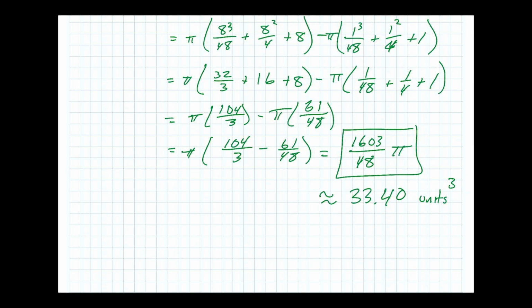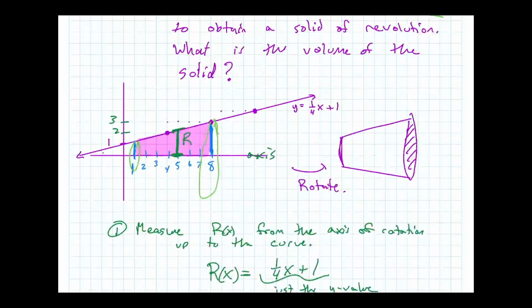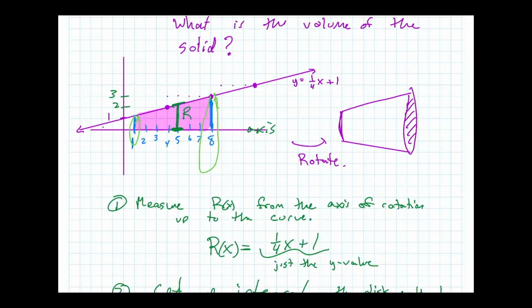Now, does that make sense that it's like 33? Well, if you come up here, right, just think about this. Like this distance is 3, and then this distance is like a little bit bigger than 1. I'm gonna say like 1.2, making it up. So does it make sense that this total volume is like 33 based on these kind of numbers?